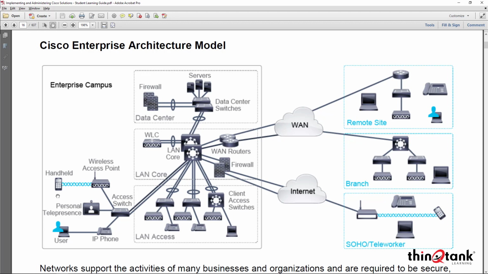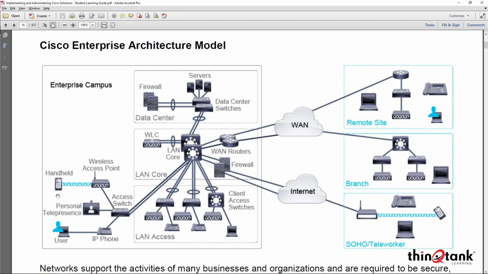So this is kind of a step away from the more traditional documented modular design model that Cisco publishes in most of their books, but it does give you kind of an idea of how Cisco looks at the overall network architecture.